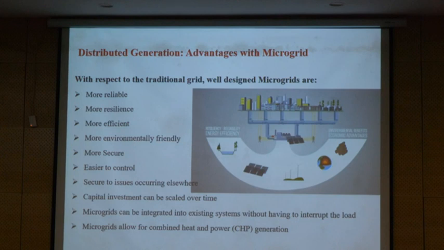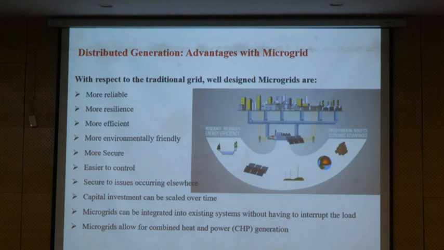It is more environmentally friendly. We can use PV, wind, and this type of local generation. It is more secure, which means we don't have the distribution and transmission lines, so that attack cannot happen. It's easier to control because we have generation close to consumption, and if the consumption increases, we can just turn off one load and make the balance.